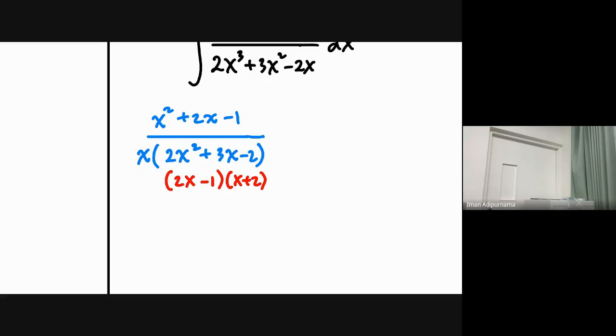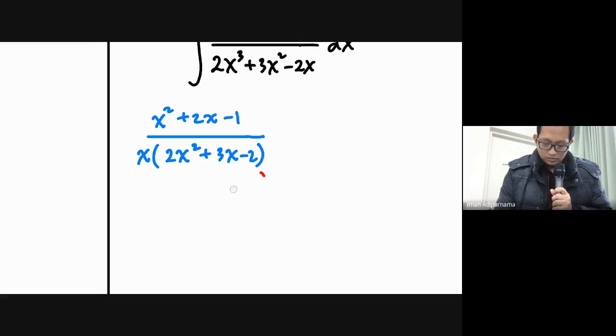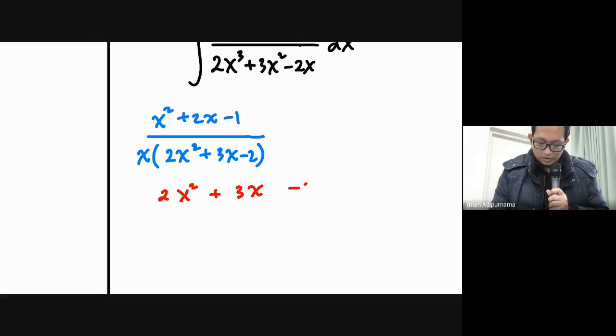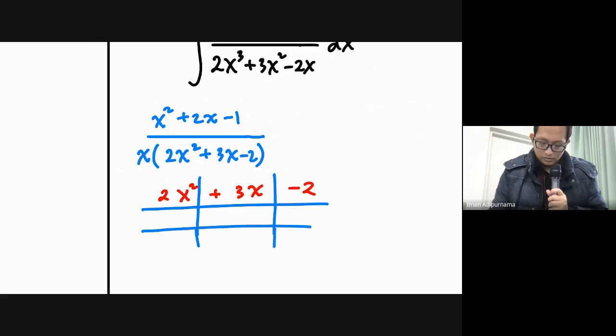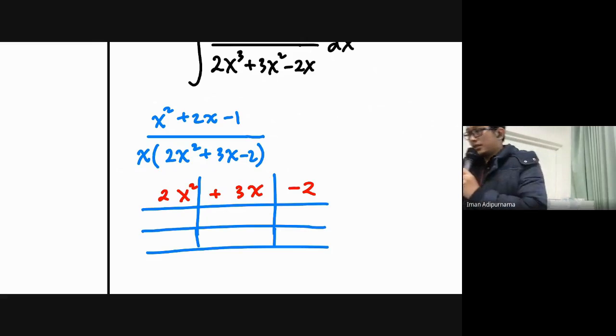Let me give you some suggestions. Write down 2x squared plus 3x minus 2. Draw a table and concentrate on the left and right. I usually use this method.